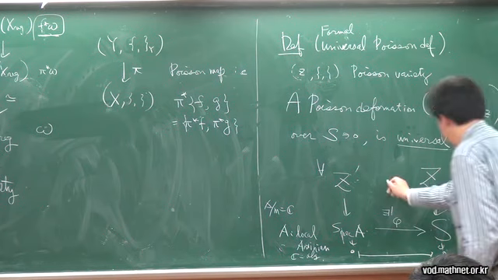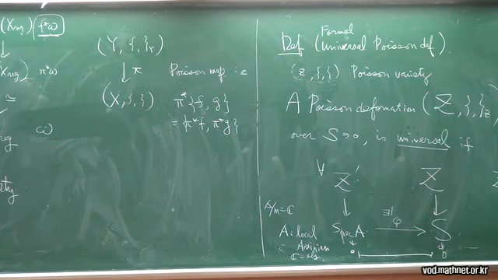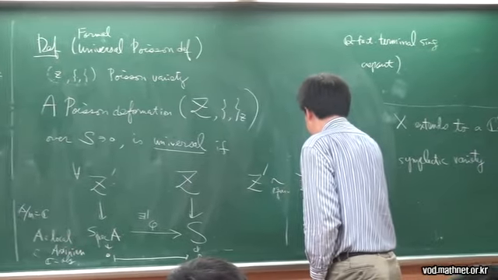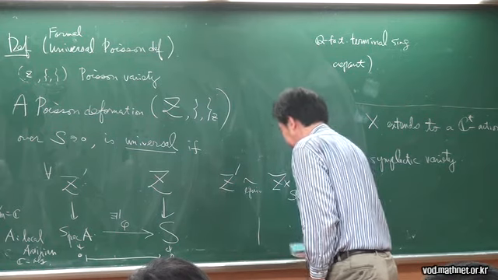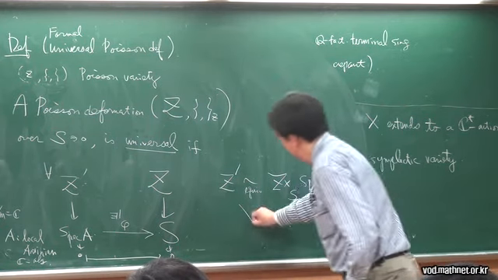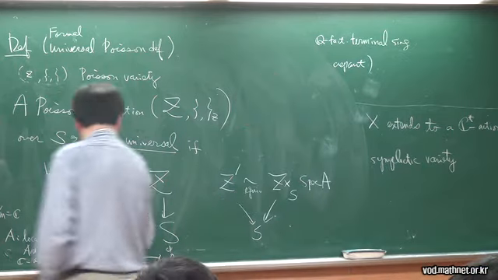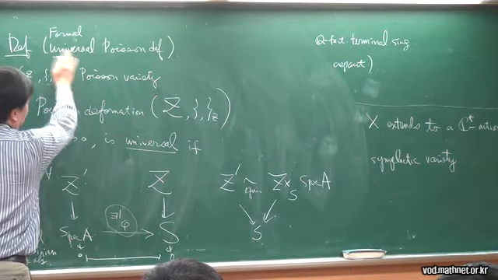So Z prime is equivalent to Z times over S of Spec A as Poisson deformations.